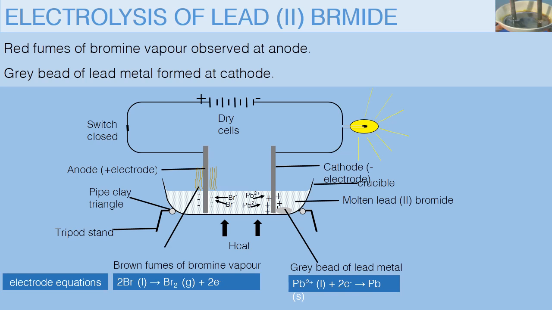Interestingly, look at the equations carefully and notice that the ions are written in liquid state because it is molten lead bromide. Similarly, the equation at the anode is written in an interesting way, since bromide ions lose electrons to form bromine molecules, which are bromine vapors.